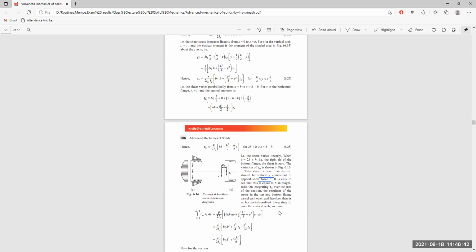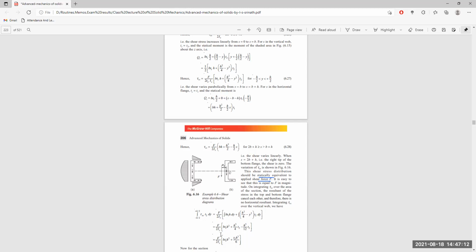So integrating tau over the vertical web, from minus h by 2 to plus h by 2, tau xs multiplied by thickness T multiplied by dy, to get the force, which is equal to F. We put tau xs as the integration of b T1 h dy plus the integration of h squared by 4 minus y squared T2 dy.